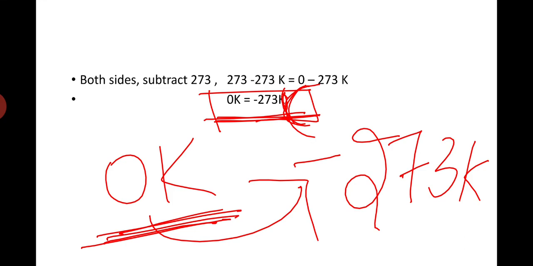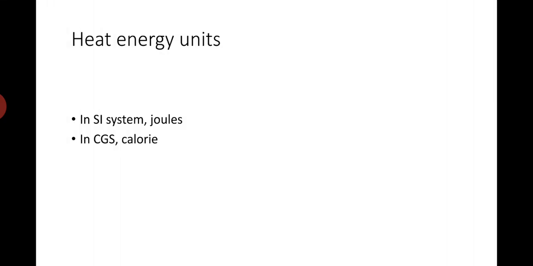Okay, let us see the next question. Heat energy units. Heat energy is also one of the forms of energy, and we know that the SI unit of energy is always joule, whereas heat energy has a special CGS unit, that is calorie.